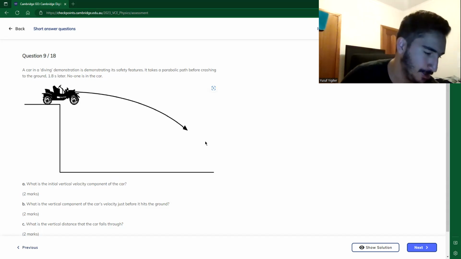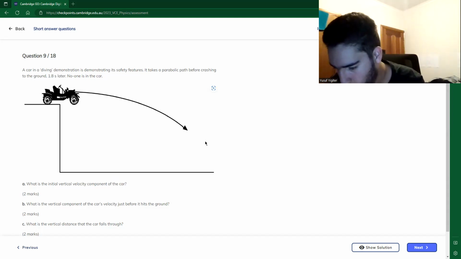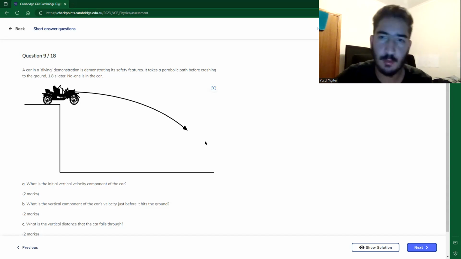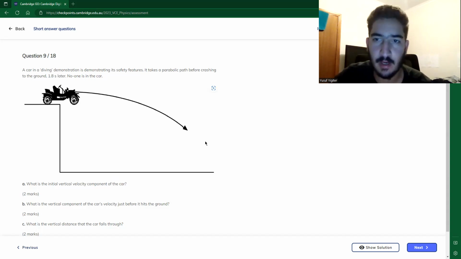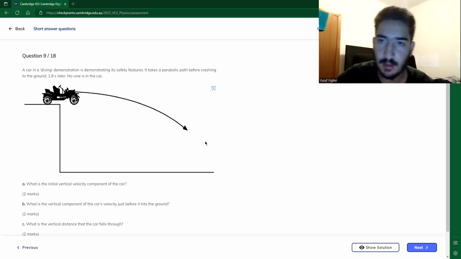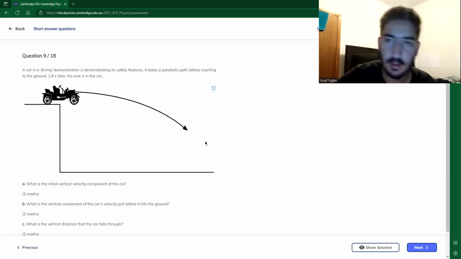Now we're going to do that. So the formula is V equals U plus GT, where U is the initial vertical velocity, that is zero. V is the final velocity that we're trying to find. And G is 9.8 meters per second squared. T is time.